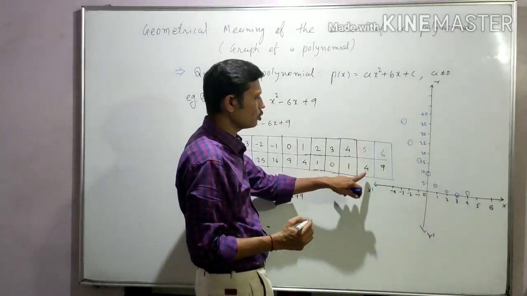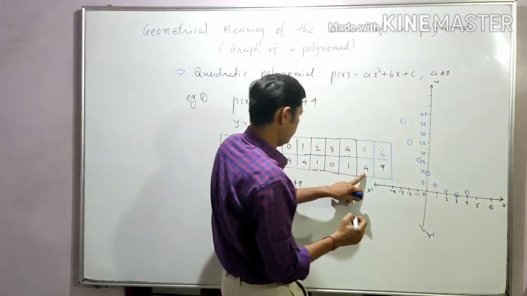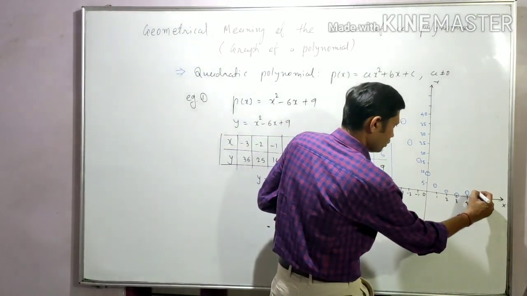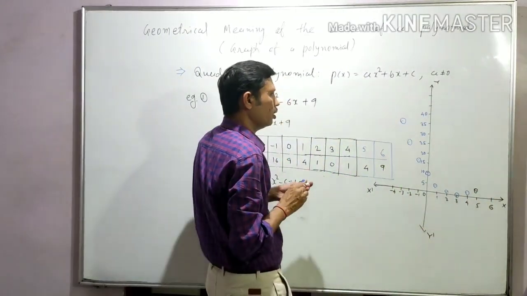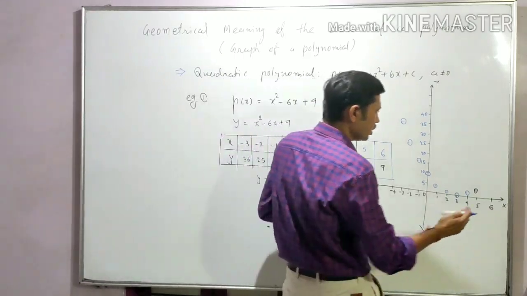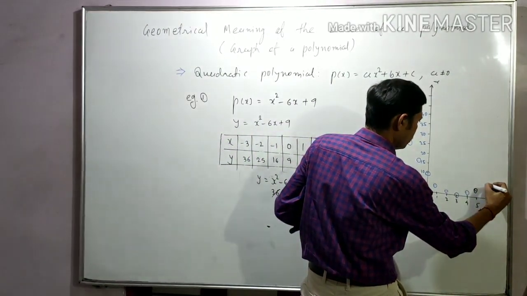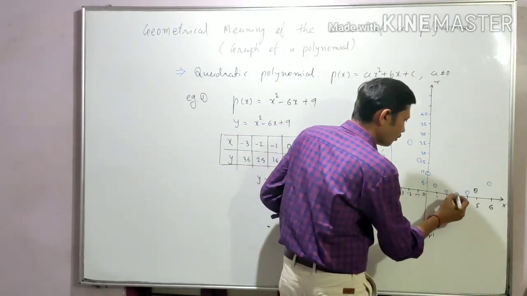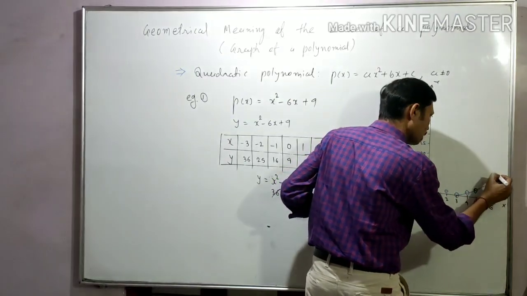When I take 5 here, the value of y is 4, a little bit above here. When I take 6, it will be 9, something like this. So when I plot a graph, see, it's again upwards.